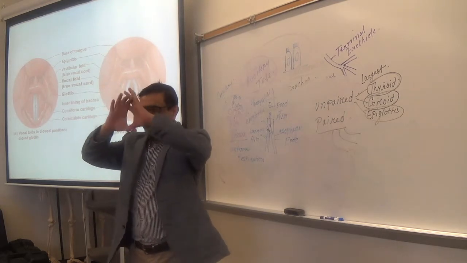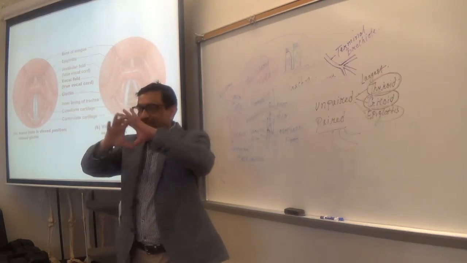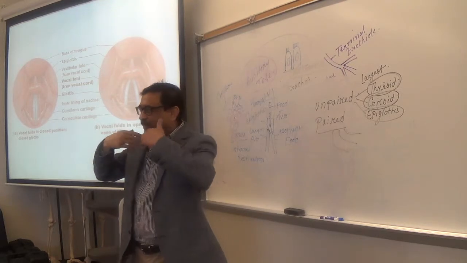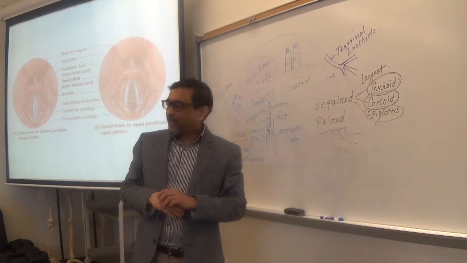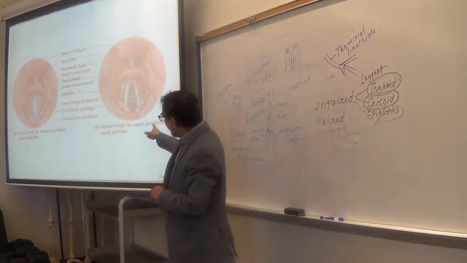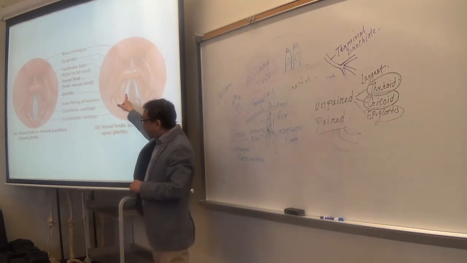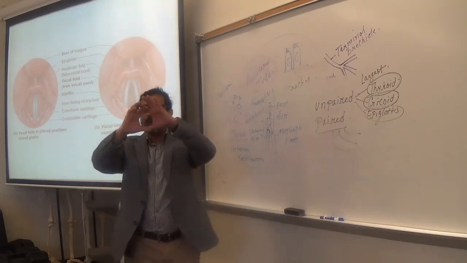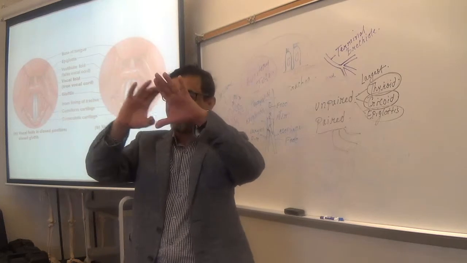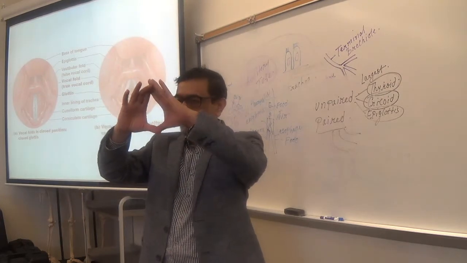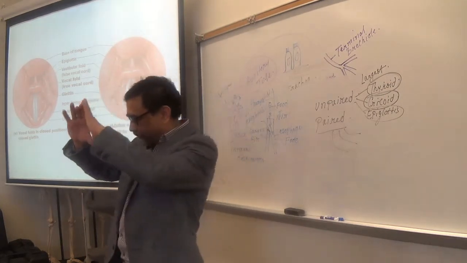The size of that opening changes, okay? Like this, to change the frequency of sound. So that opening is called the glottis. So glottis is this opening here between two vocal folds. So these are the vocal folds and this is the glottis, okay? So the size changes.